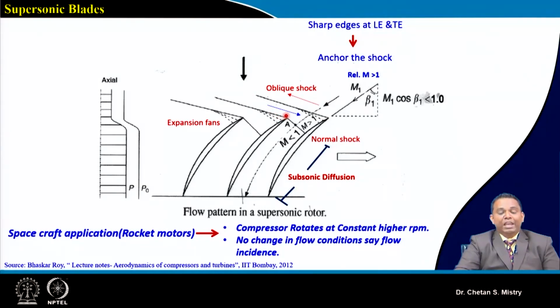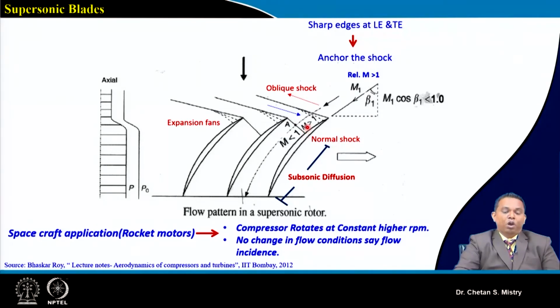Now the second leg of that oblique shock will be moving towards the suction surface of my blade. And here we can say it is acting like a passage shock. Sometimes people define that as a normal shock. It is kind of a normal shock that is happening here.